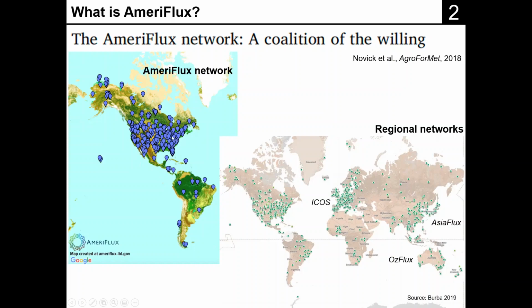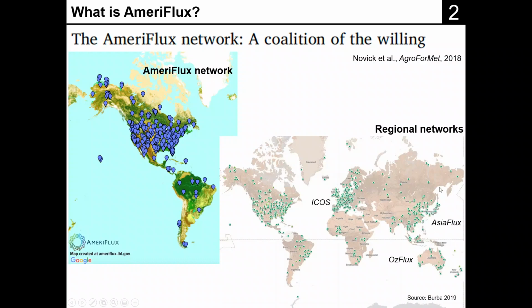And it's not only an American network. There are other sites all across the world. So if you look here at the map of both currently active and also legacy sites, you see a huge number of sites in Europe. And there's, for example, the Integrated Carbon Observation System, which is running flux tower sites all across Europe.